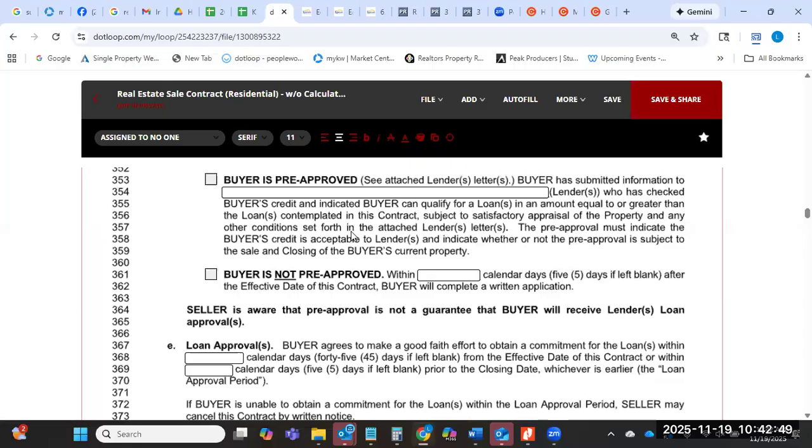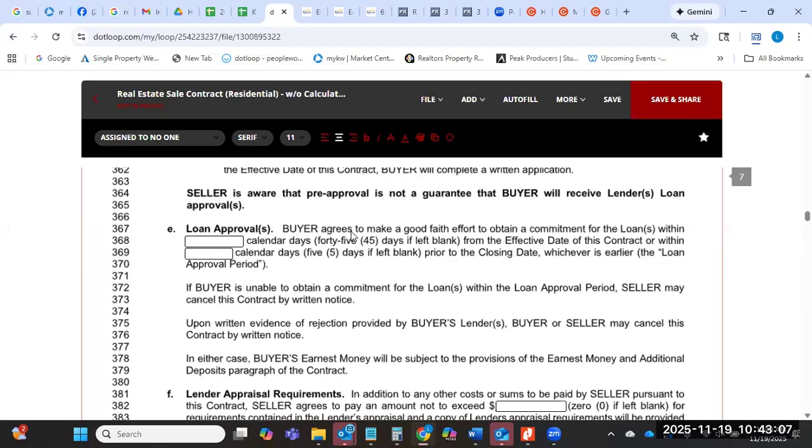The seller may come back and say, I want you to get pre-approved with someone else. And if the buyer's agreeable to that, no reason for them not to really at that point. The listing agent may tell you why they're asking for that, but they're not obligated to. It just becomes a negotiable item.